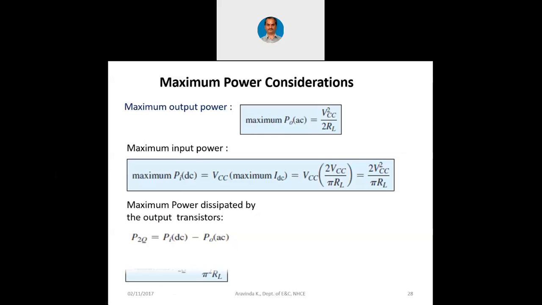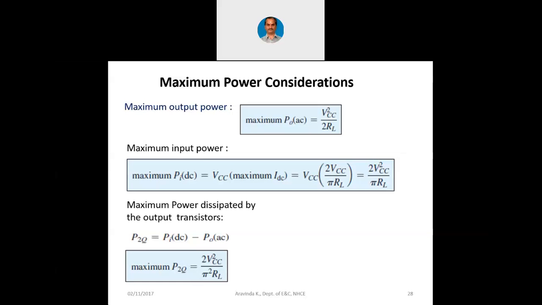This we have already seen. So that is maximum P2Q is, you can see the input power is 2 into VCC square by pi RL, whereas output power is VCC square by 2RL. So now when we subtract them, we get this answer. Maximum P2Q is 2 into VCC square divided by pi square RL. So that is how we get this PIDC minus P0 AC.